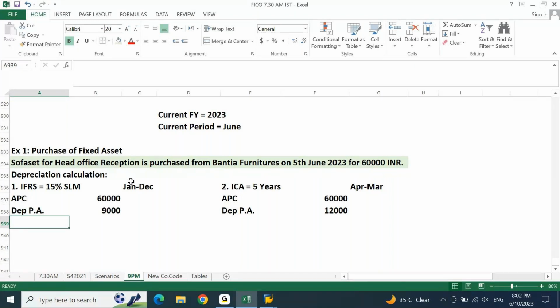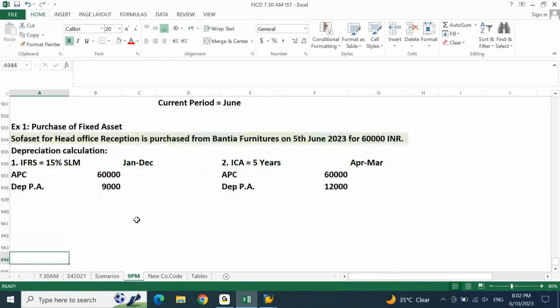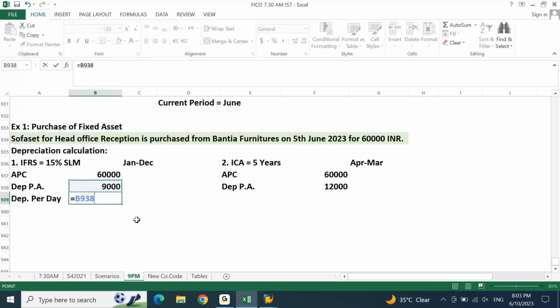Now according to this, let's calculate depreciation per day. To calculate depreciation per day, you need to take depreciation per annum and divide this by 365 or 366. I am dividing this by 366.